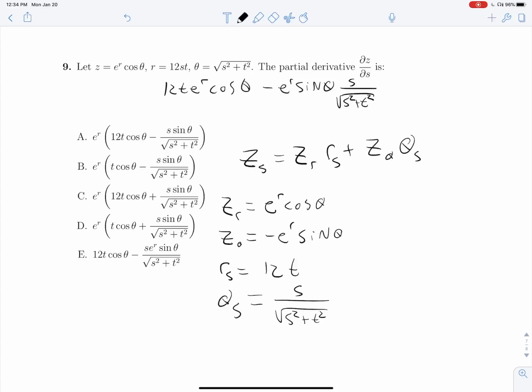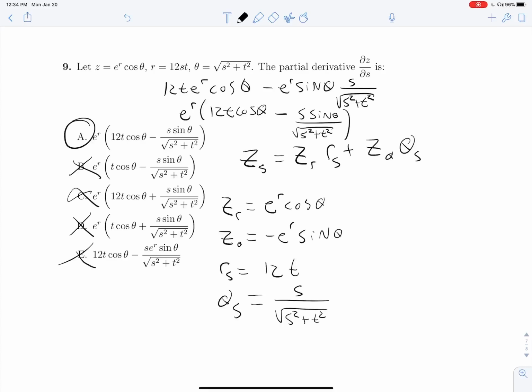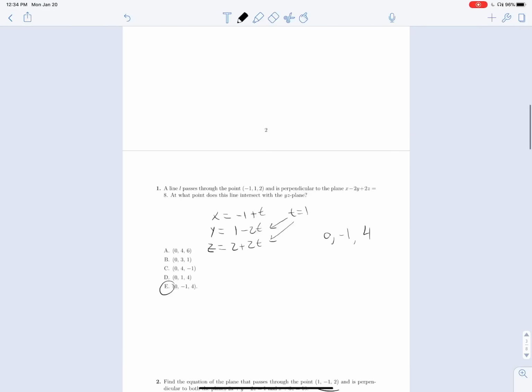Okay, and it looks like they've factored e to the R out of everything, so that will give us e to the R, 12t cosine theta for our first section. That lets us take out B, D, and E. And then finally, minus S sine theta over root S squared plus T squared. And that leaves us with answer choice A for question 9.